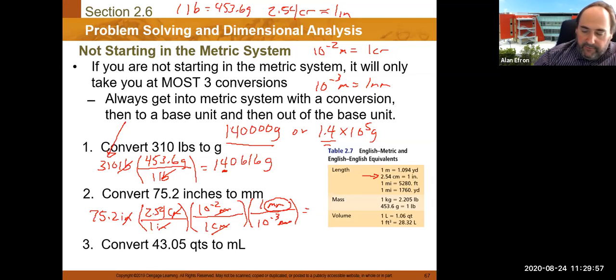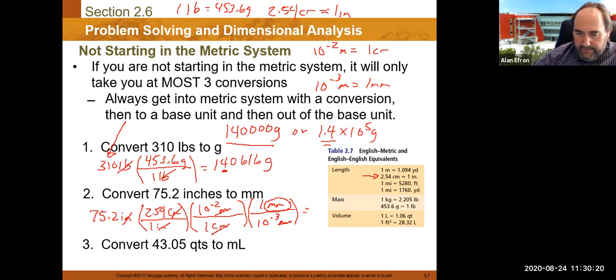And in terms of math, we're going to take 75.2 times 2.54 times 10 to the minus 2, which is again 1 times 10 to the minus 2 scientific notation in your calculator, divided by pretty much what we got on the bottom, which is 1 times 10 to the minus 3.